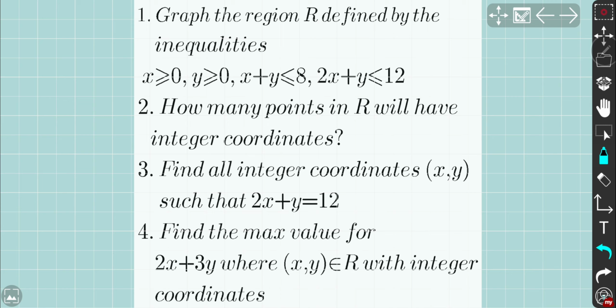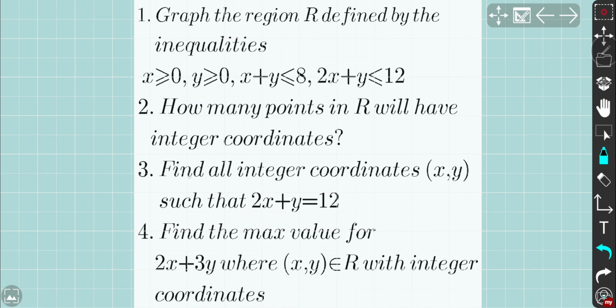Okay, so problem 3 asks you to find all integer coordinates x and y such that 2x plus y equals 12, with x and y from the region R. So we are always talking about the region that you defined in the first problem.